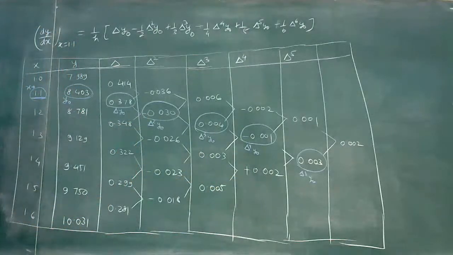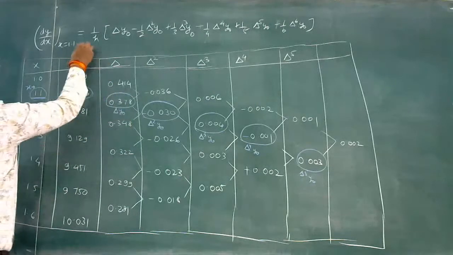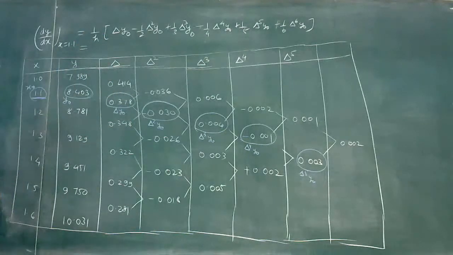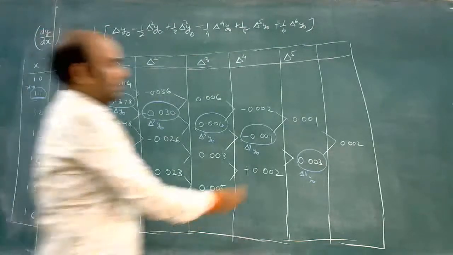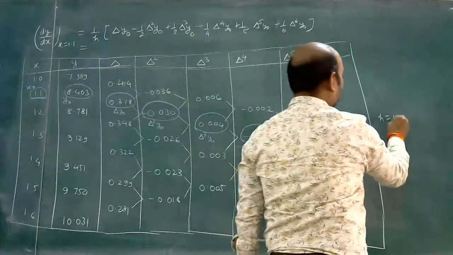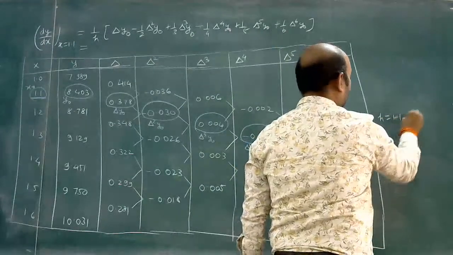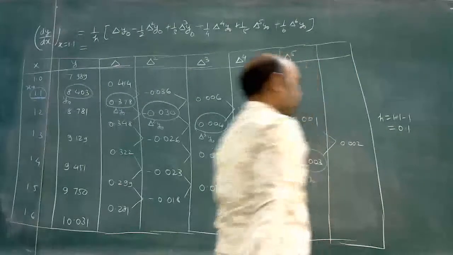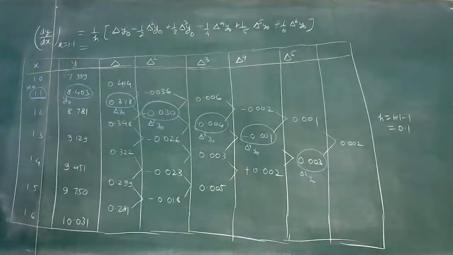Okay. So we have to substitute these values. So 1 upon h. Okay. The values are 1, 1.1, 1.2, 1.3, so it is clear h will be equal to 1.1 minus 1, which is 0.1. Okay, so the value of h is 0.1.